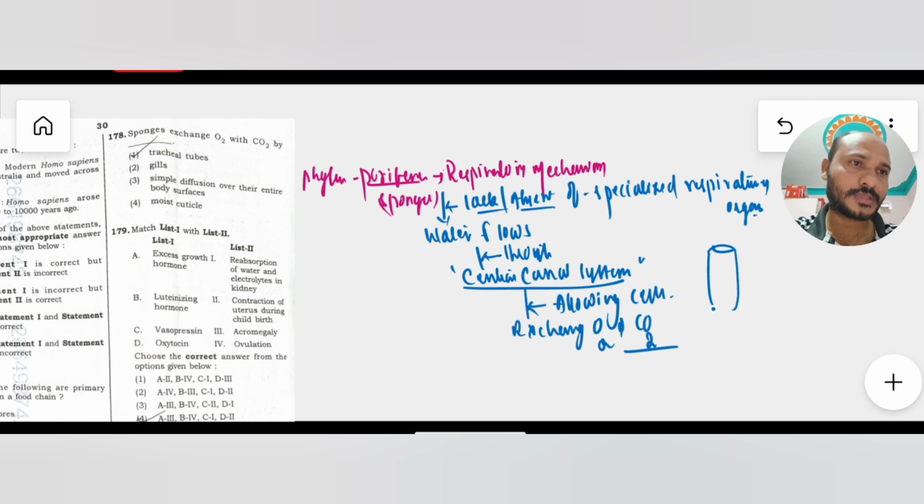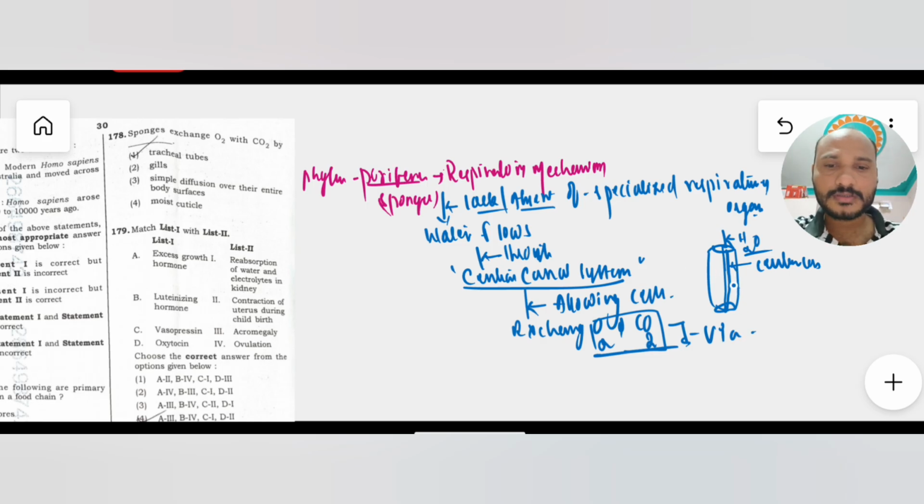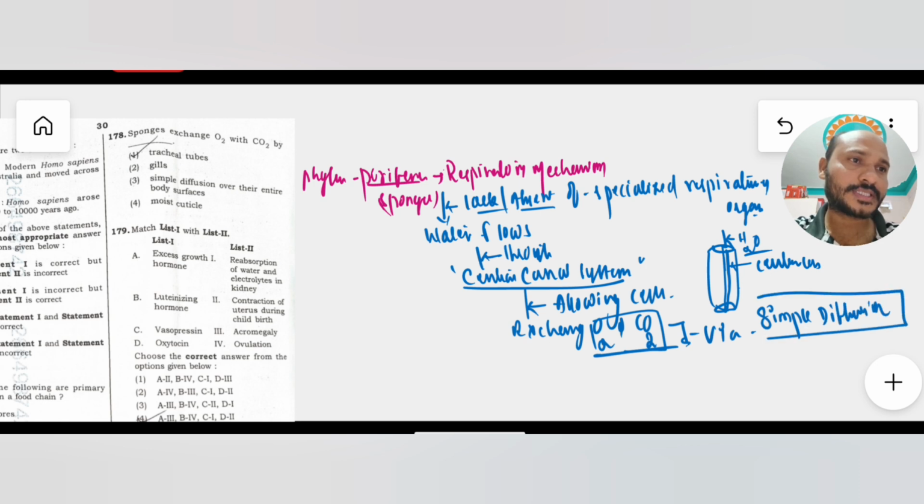For example, if you see the structure of sponges, here we have the central canal. The central canal plays an important role in allowing the water through, and in that water they exchange oxygen and carbon dioxide via simple diffusion over the entire body surface.